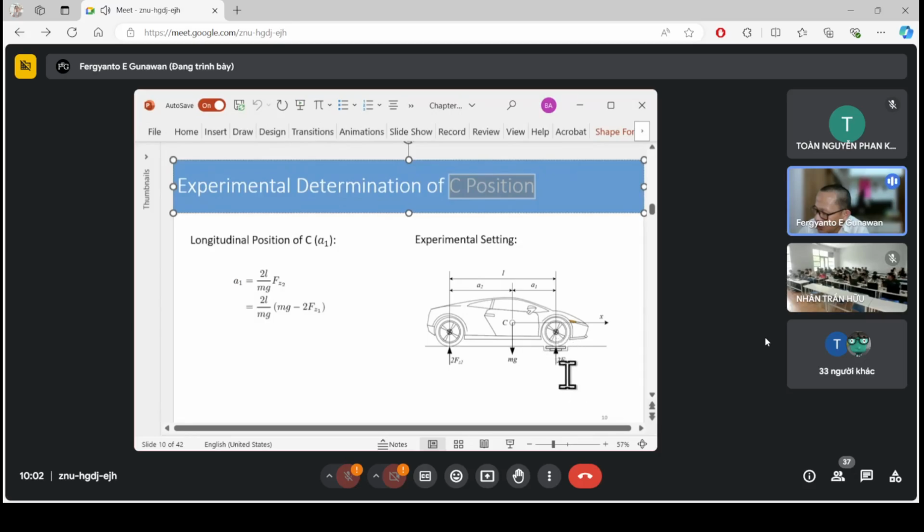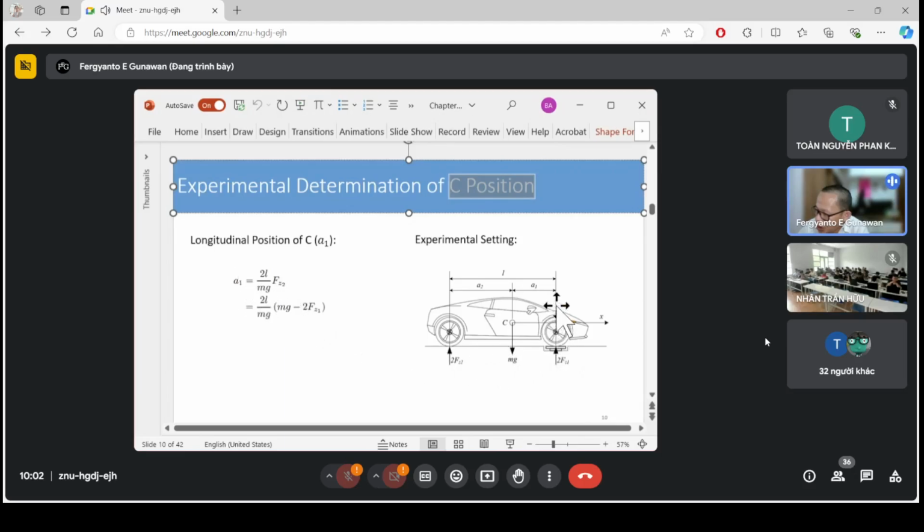We call it a load cell, and the load cell will tell us the data of the force, right? So if we have this force, you can use a simple balance here. If you use this instrument, then you will receive the data of Fz1. By having this Fz1 data, you can put it in this formula and obtain a1.